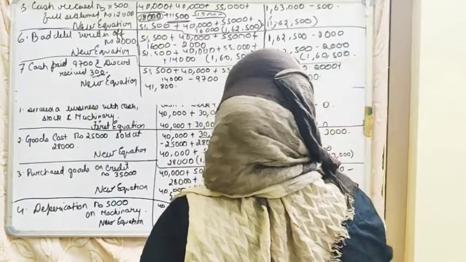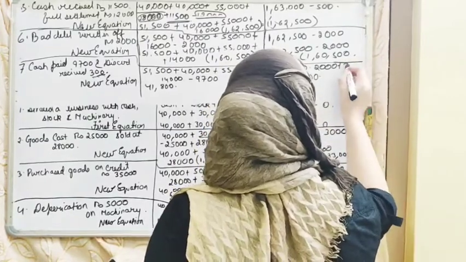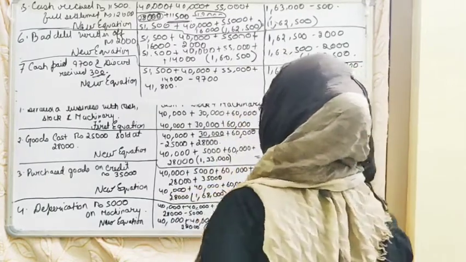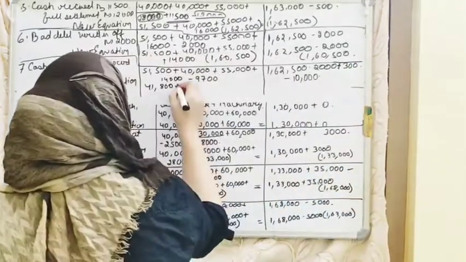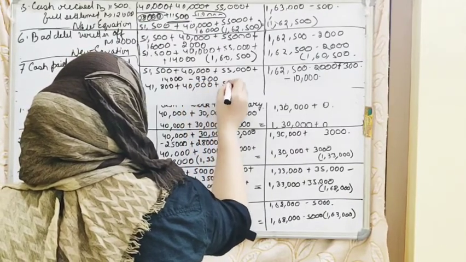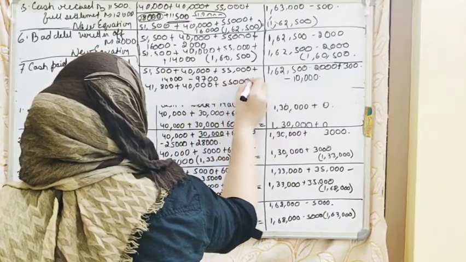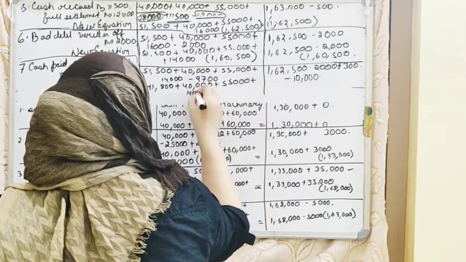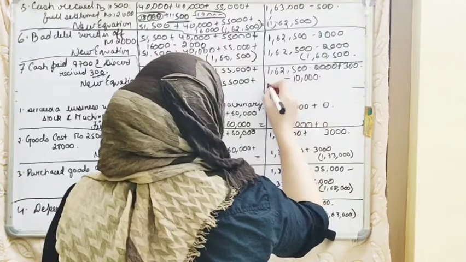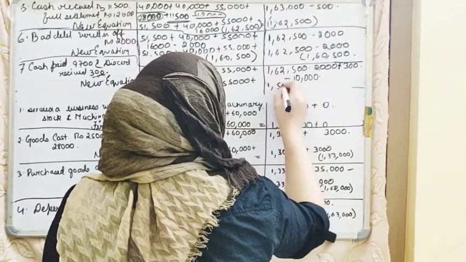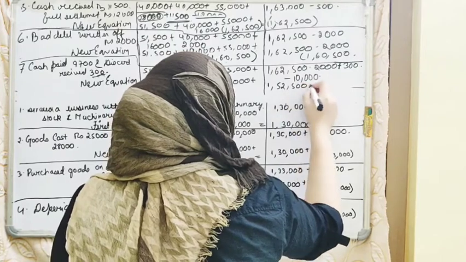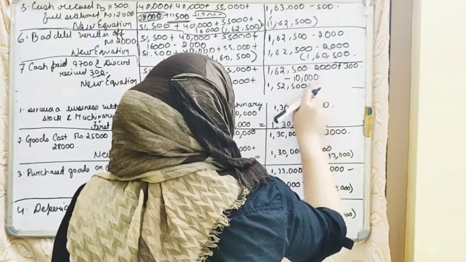We won't add the profit amount here, but we'll add it in the liability part because we are paying to our creditors. So we will write 48,800 plus 40,000 as it is plus 55,000 plus 14,000. And here we'll write 10,000 is subtracted, so 1,52,500.